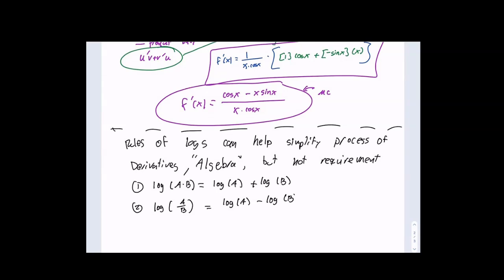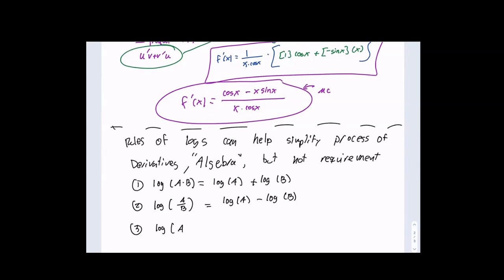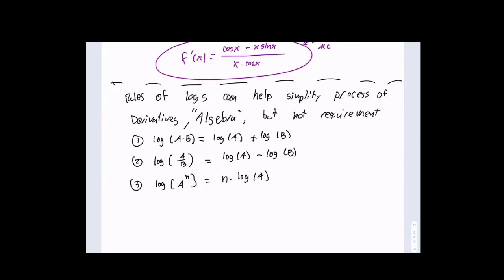And the third rule is that the log of a to the n is equal to n times the log of a.